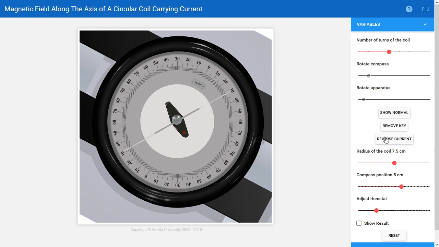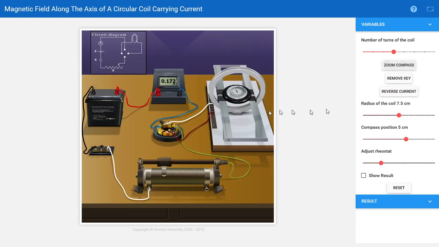Now I have another option. It's called reverse the current. Now if I go to the show normal position, I have an option to reverse the current. Here is the commutator key. If I put this commutator key on another side, the current direction will change.